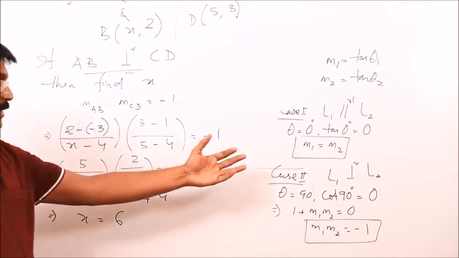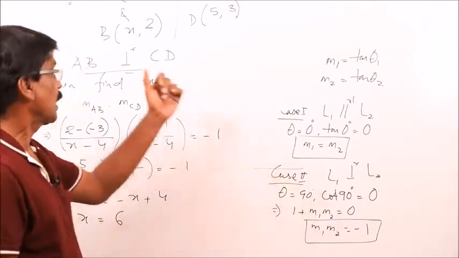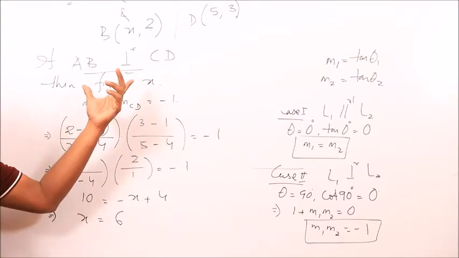So this is the condition that two lines are perpendicular and slope between two lines.